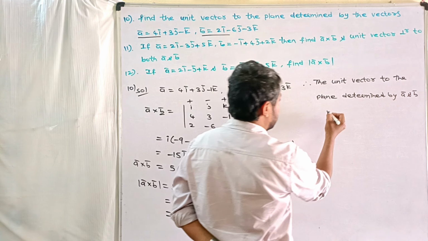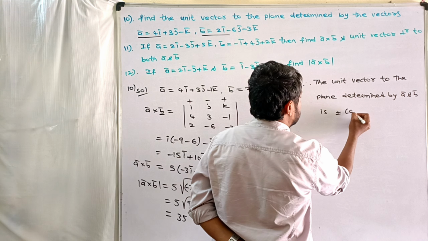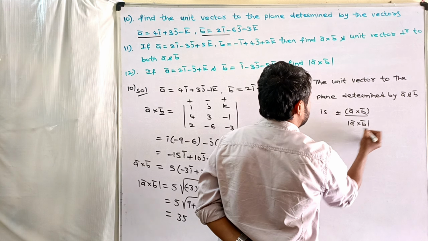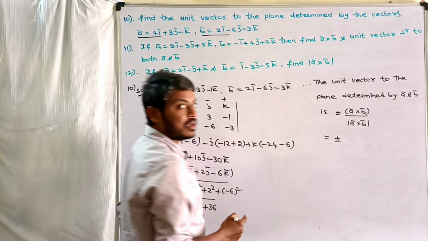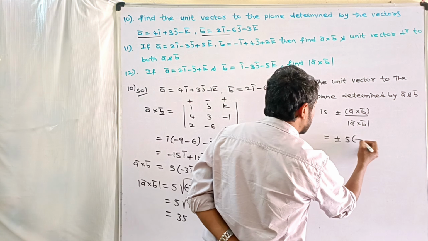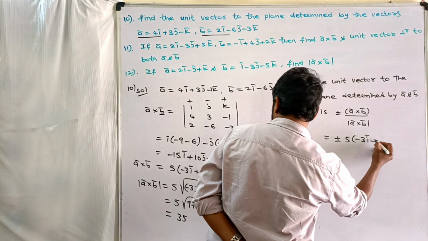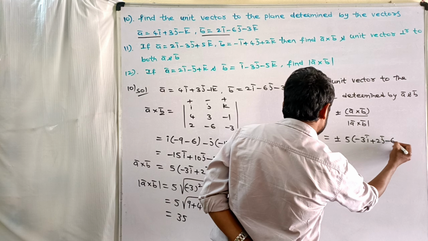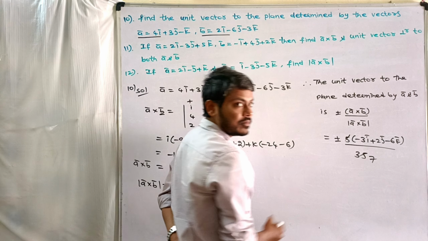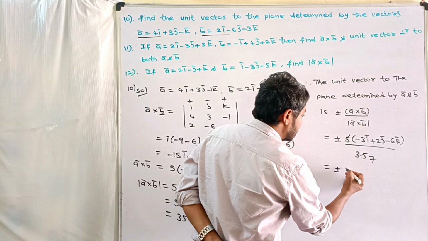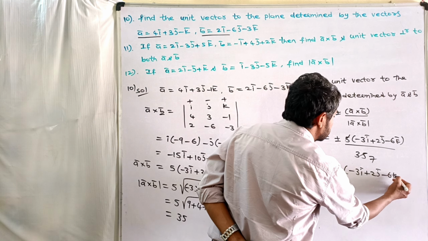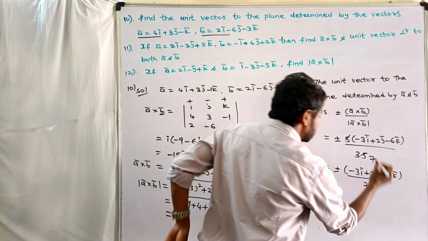So clearly, this formula is plus or minus A cross B by mod A bar cross B bar, which equals plus or minus, what you got for A cross B, this one, 5 into -3i plus 2j minus 6k, over 35. So 5 ones, 5 sevens. So clearly, the required unit vector is plus or minus -3i plus 2j minus 6k divided by 7.